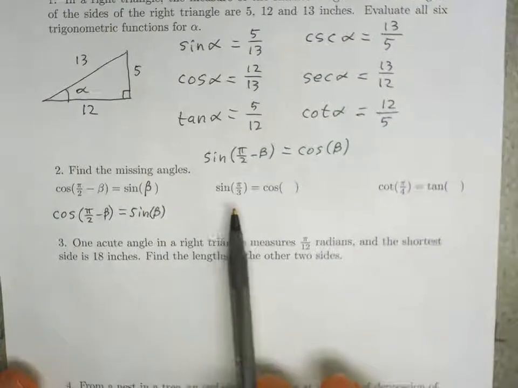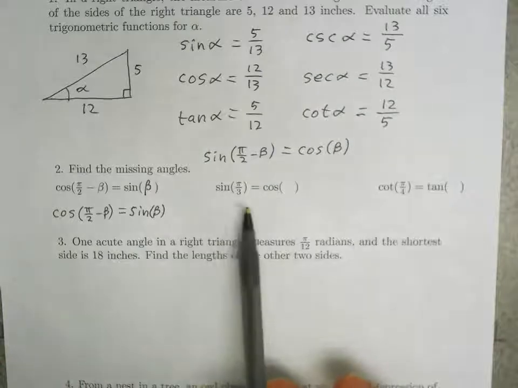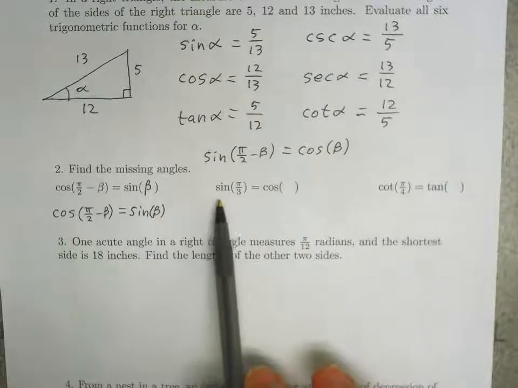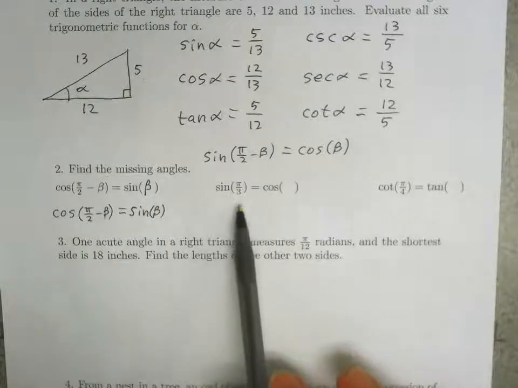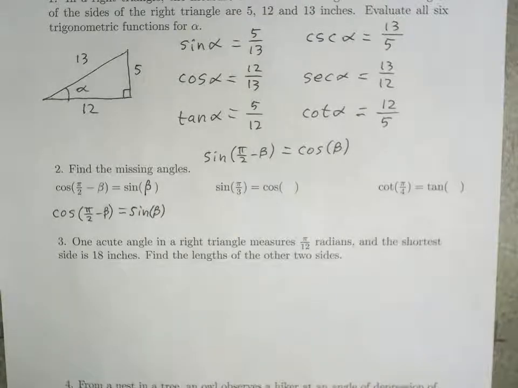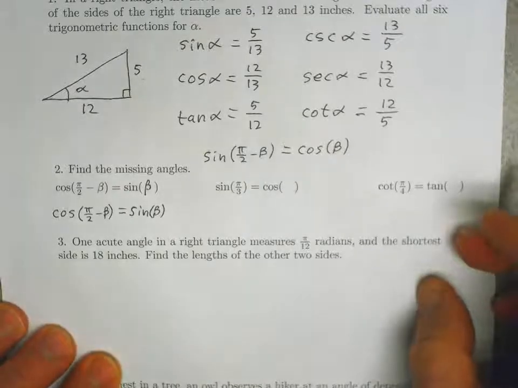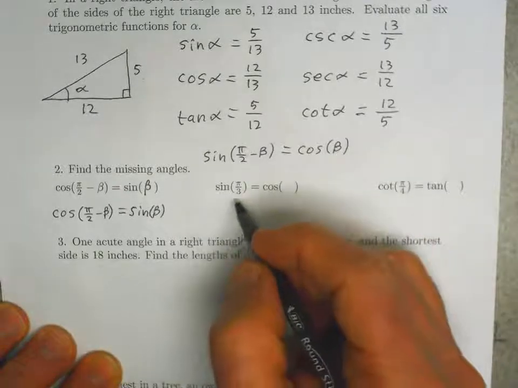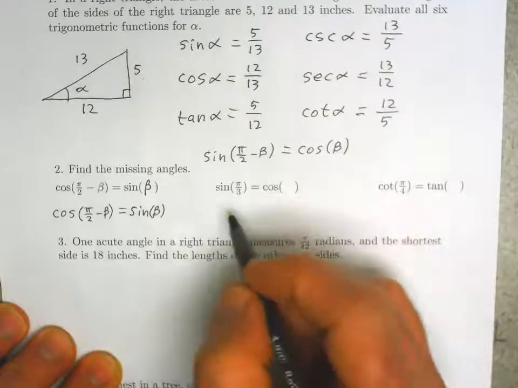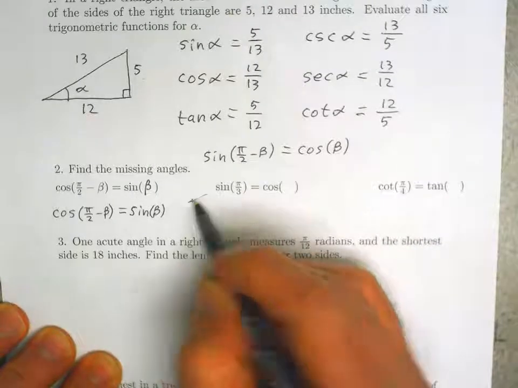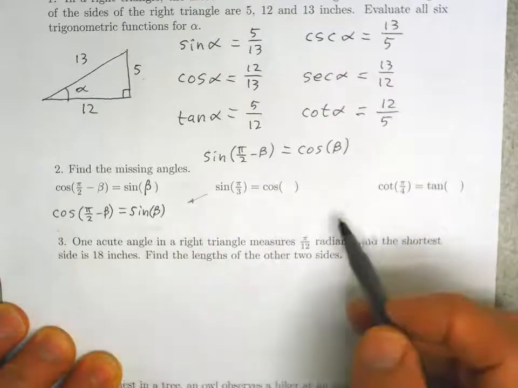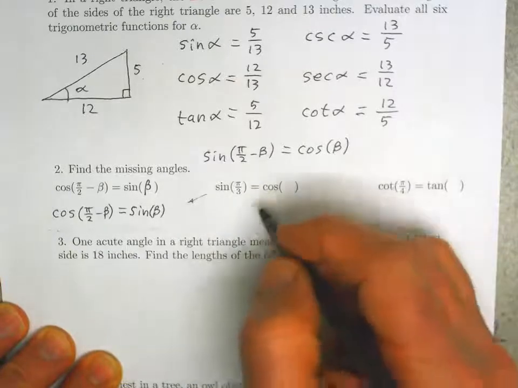So for this one, we have inside knowledge already because we know that sine of pi over 3 is the same number as cosine of pi over 6. But we could use this cofunction identity in reverse.